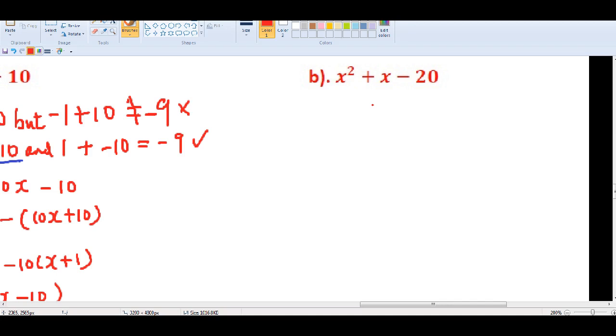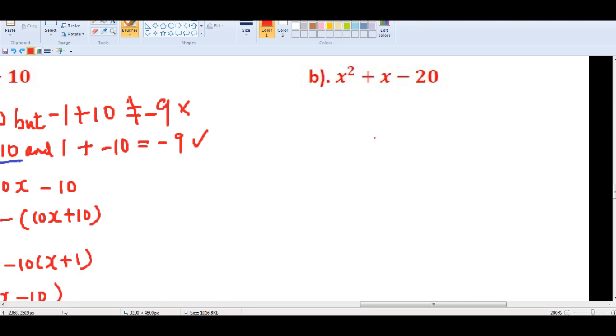Just from our mental math, 20 times 1, 20 times minus 1, or minus 20 times 1 would be too far away from the middle term, because the middle term is only x, that means there should be a 1 here. So 20 and 1 can't get you that 1x.